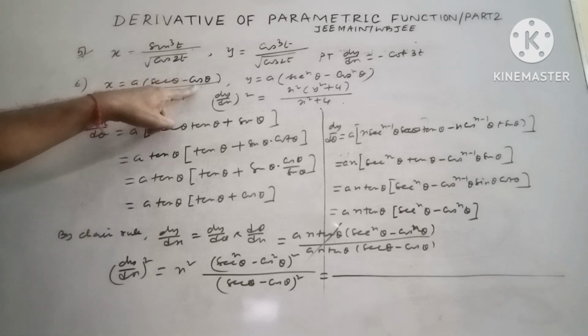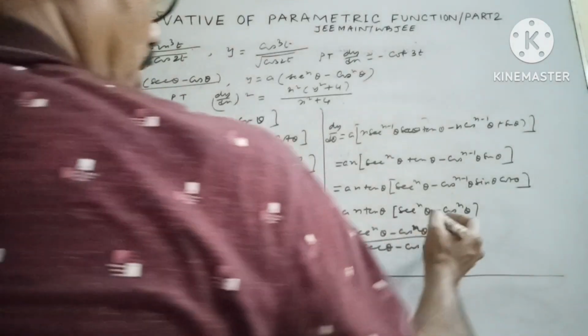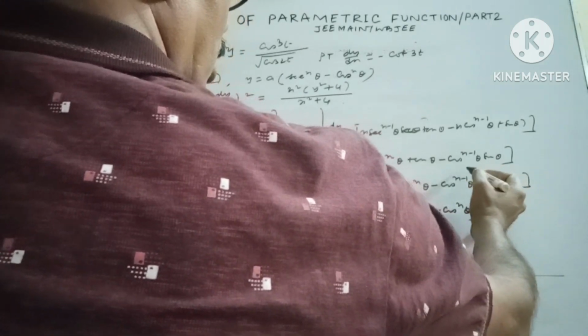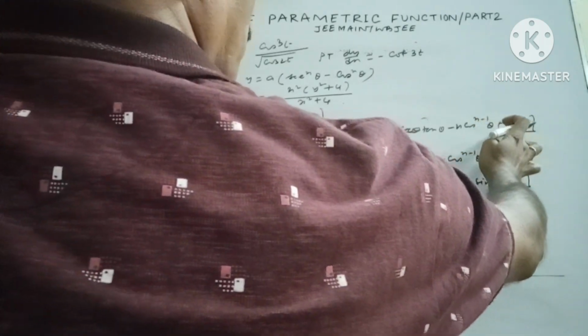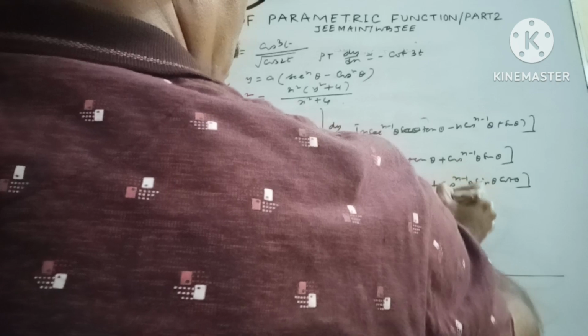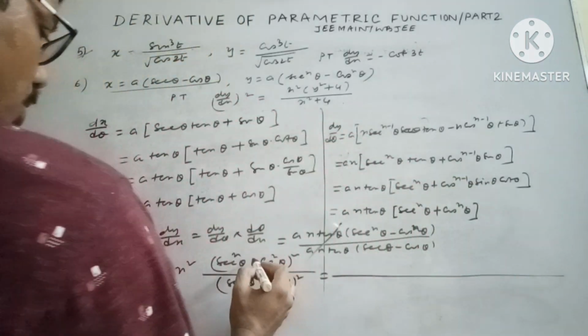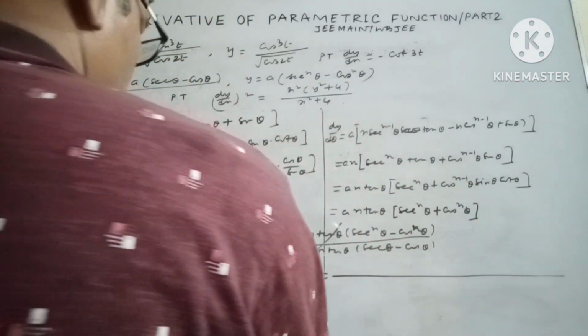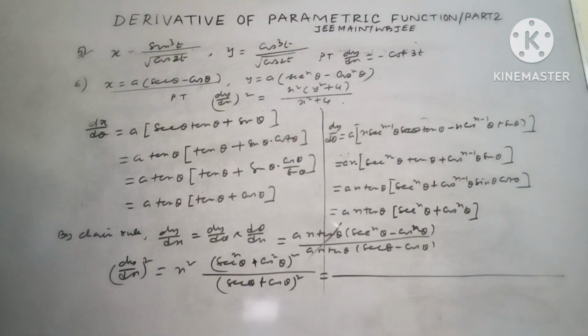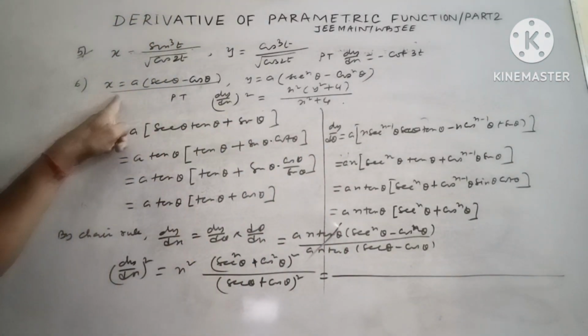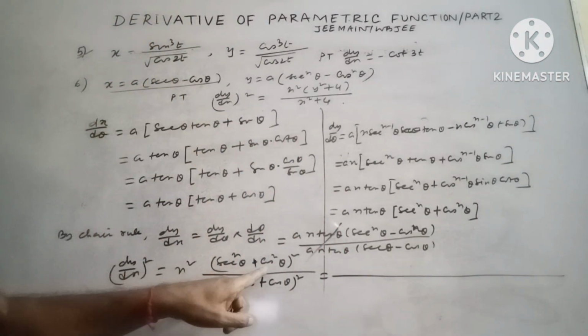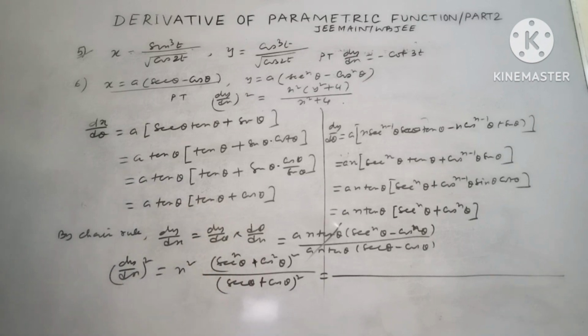This is minus, and here the derivative of cos is minus, so this is plus, this is plus. So this one also plus. So we know x in terms of minus, sec minus cos, it is plus.